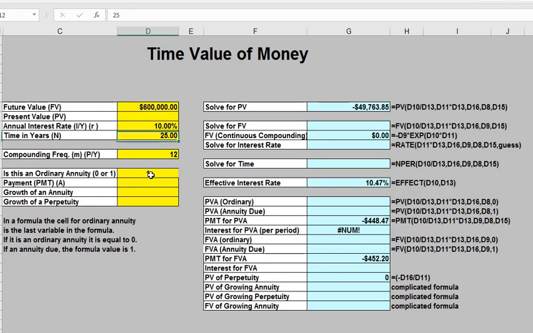And if you remember, let's go back and change this. The annual number was $5,000. If we need this once a year, what we'll find out is the payment to get the $600,000 is roughly $6,100 a year, or if I change the compounding from 1 to 12, roughly $452 per month.